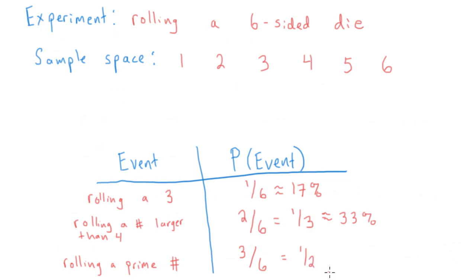So we get 1/2, and of course that's exactly 50%. Okay, so there's our experiment, rolling a 6-sided die. We have our sample space. We can list out some events and then compute the probability of those events.